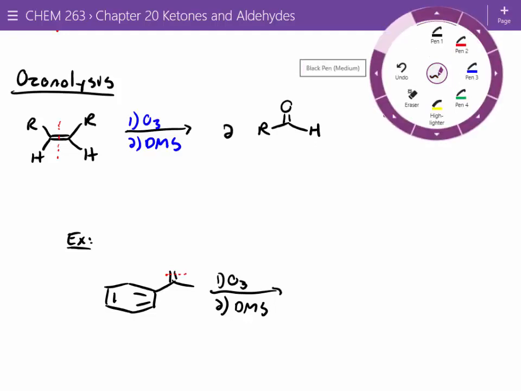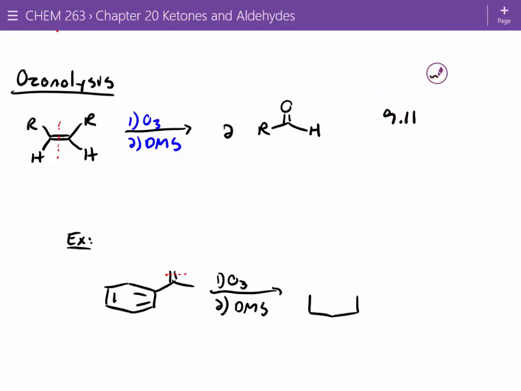So we're going to lop off a carbon there. And what are our two products that we get out? Benzaldehyde, and then what's the little aldehyde on the right? Formaldehyde. So if you do have an alkene where you've got two hydrogens on one end, you'll just cleave off one carbon as formaldehyde.